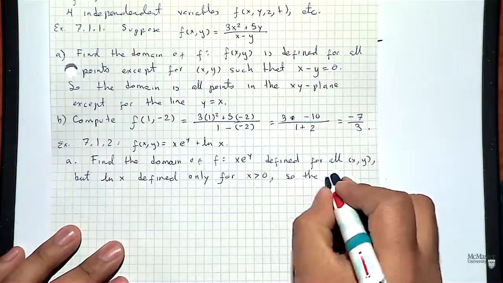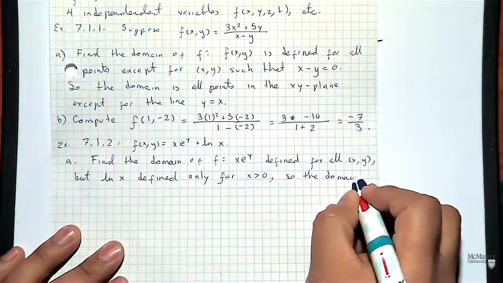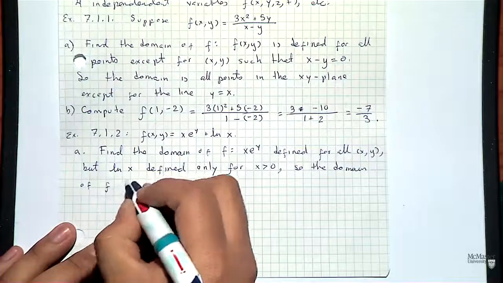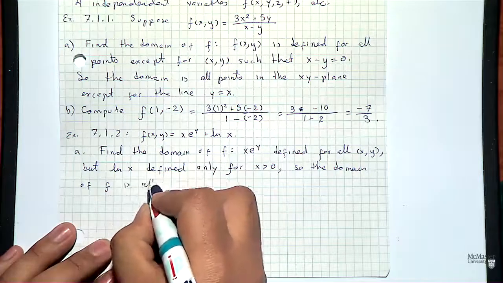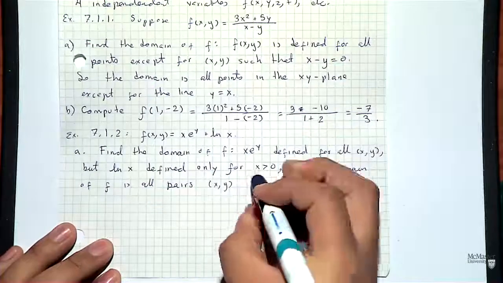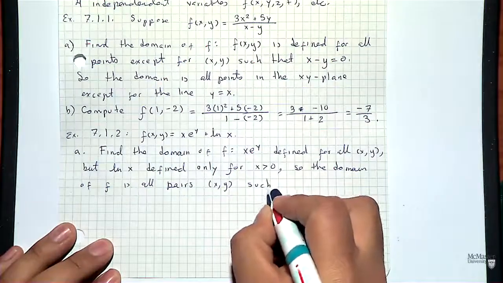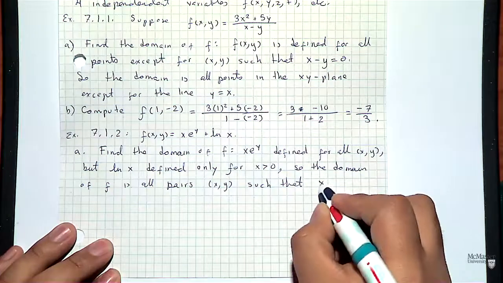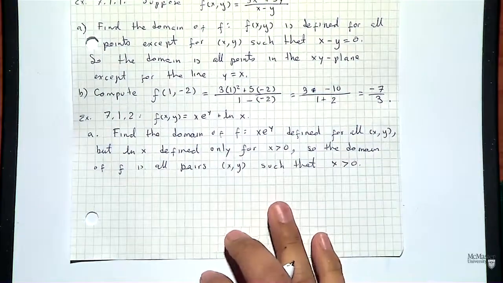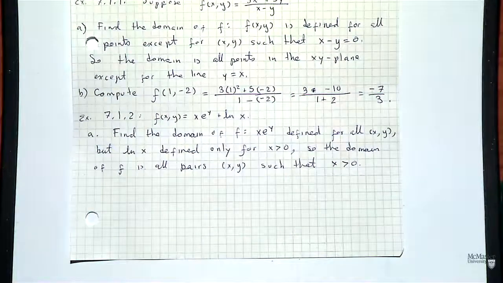So the domain of f is all pairs xy such that x is greater than 0, right? So basically you will have half of the plane.